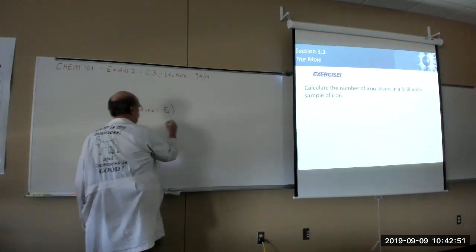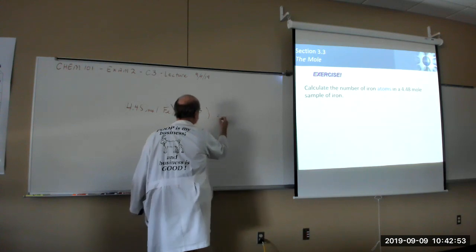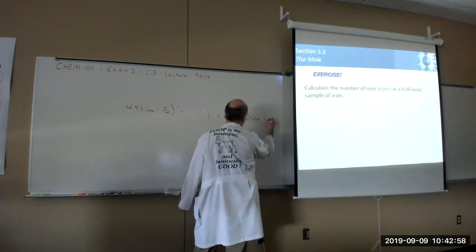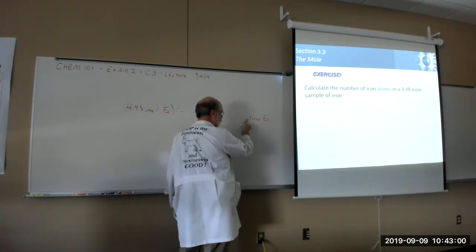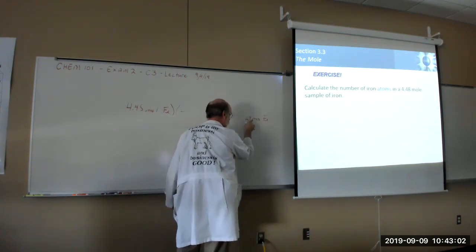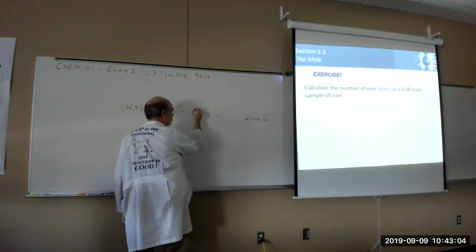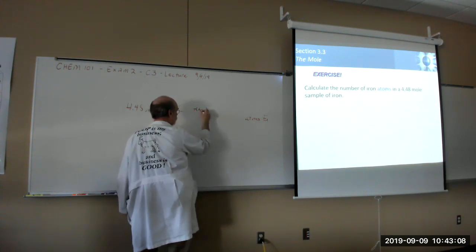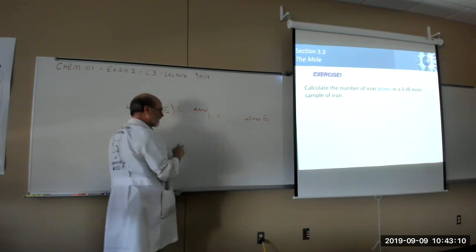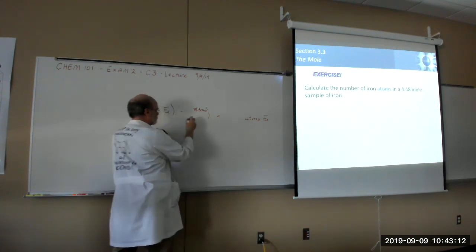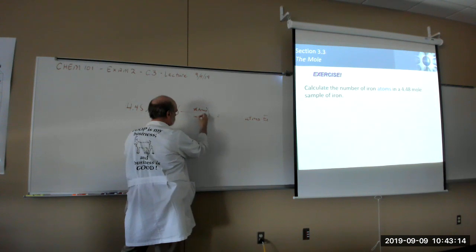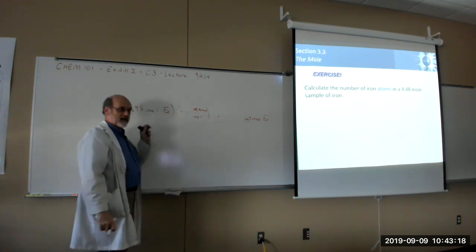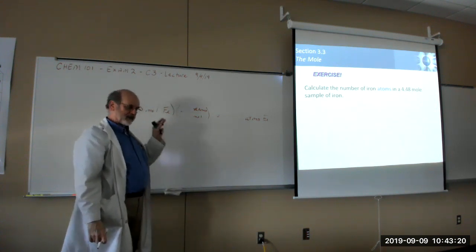You want to convert that to atoms of iron. So you need atoms on top, right? That's what you want to end up with. And you want to cancel out the moles. That's your conversion factor. That's how you build a conversion factor.